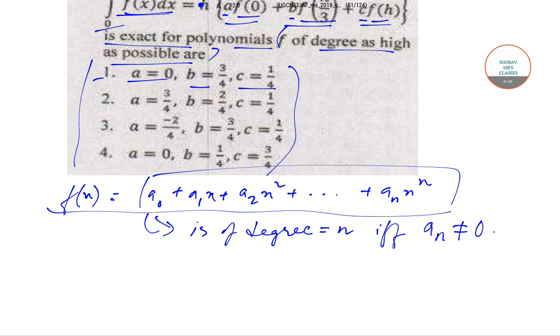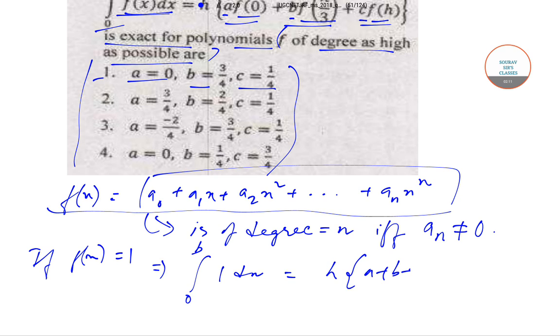So now if f(x) is equal to 1, then we can write down integration 1 dx, which goes from 0 to b, is equal to h into (a plus b plus c).